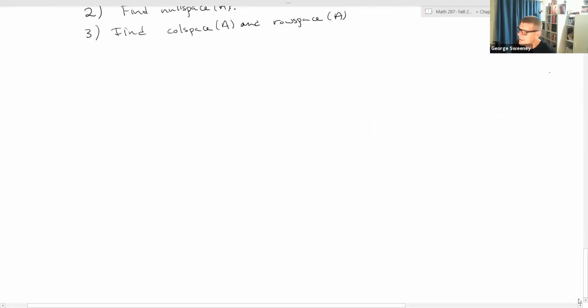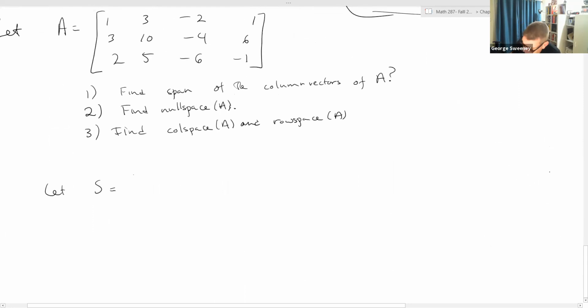Okay. So I'm going to set up a set. We're going to let S equal 1 plus 3x plus 2x squared, 3 plus 10x plus 5x squared, -2 minus 4x minus 6x squared, and 1 plus 6x minus x squared.